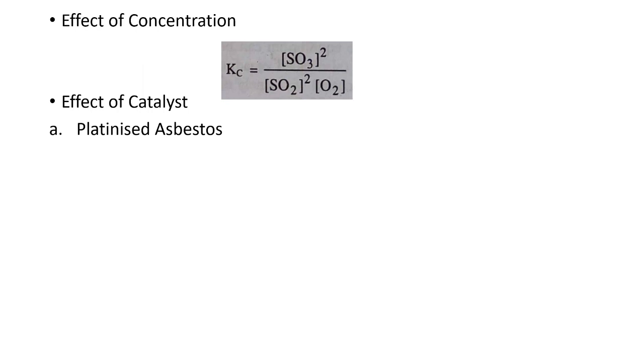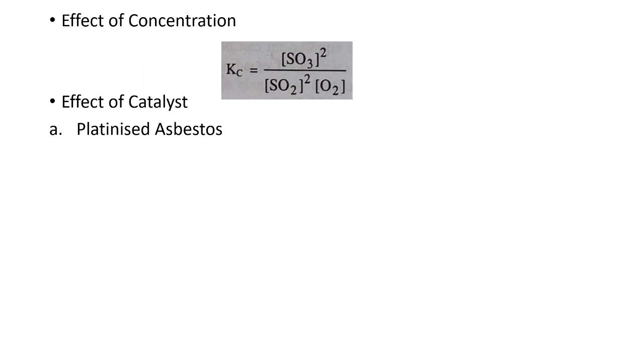This catalyst can bring 95 to 96% conversion of sulfur dioxide to trioxide at an optimum temperature of 450 degrees Celsius.